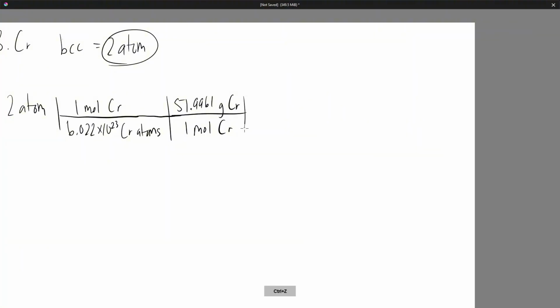And it's just that easy. So what we should get is 1.73 times 10 to the negative 22 grams of chromium. Which makes sense because we're working with just 2 atoms, which means you won't have that much mass. And that's pretty much it for this one.